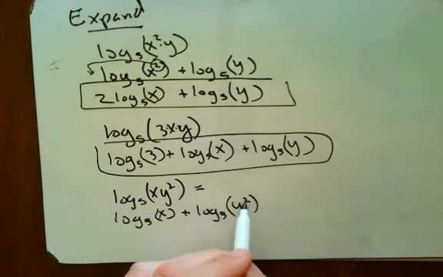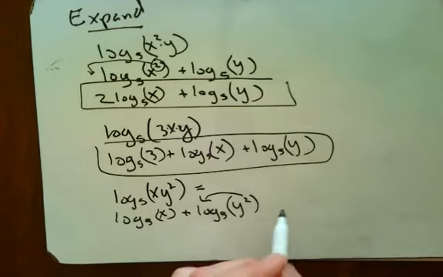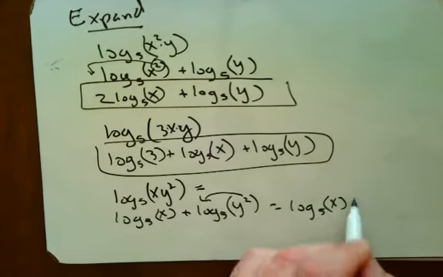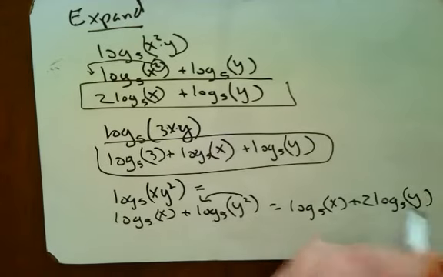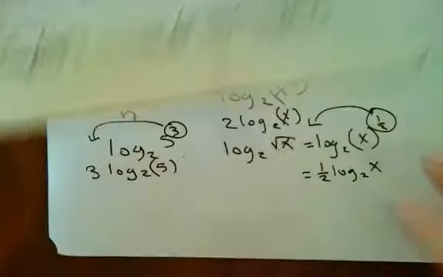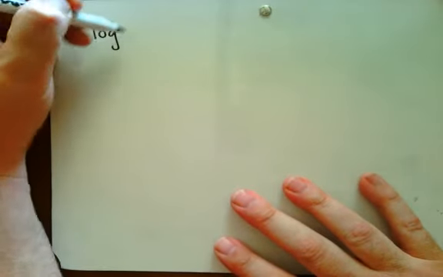Well, this is a lot like the first problem I showed, where we would have log base 5 of x plus log base 5 of y squared. But in the presence of a log, I can use my power property to bring that exponent down. And so I would write log base 5 of x plus 2 log base 5 of y.